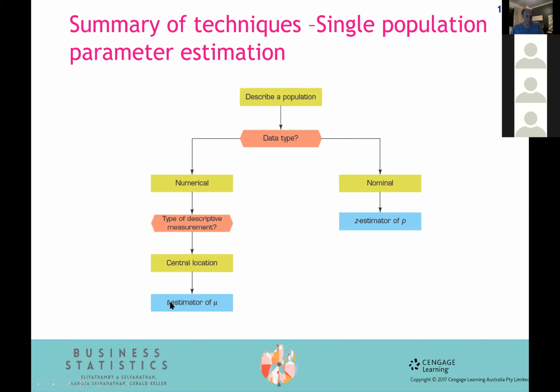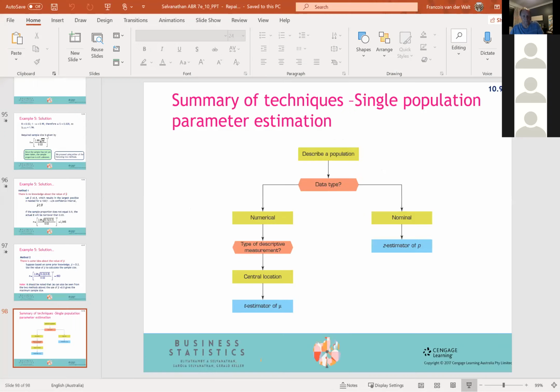I use the t estimator of the mean. If the data is nominal, that means proportion. I use a Z estimator. But the key one we're looking at is this one here. Okay, that is effectively chapter 9.